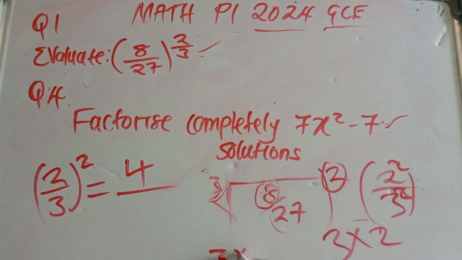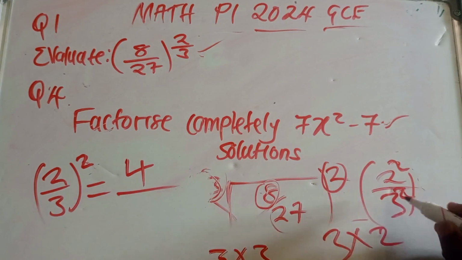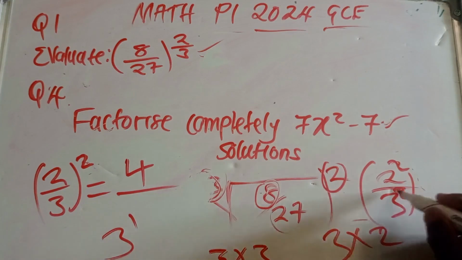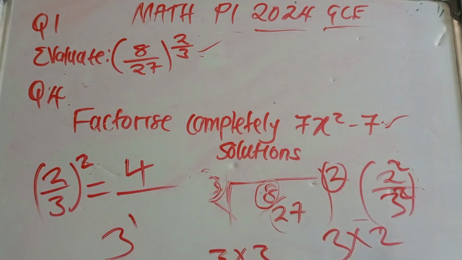That simply means that you are going to say 3 times 3 because we've got 2. That's why we say, when we talk of the laws of indices, any number to the power 1 is the number itself, because this simply means that we are going to multiply 3 once. But if we got 2, we are going to multiply 3 twice.